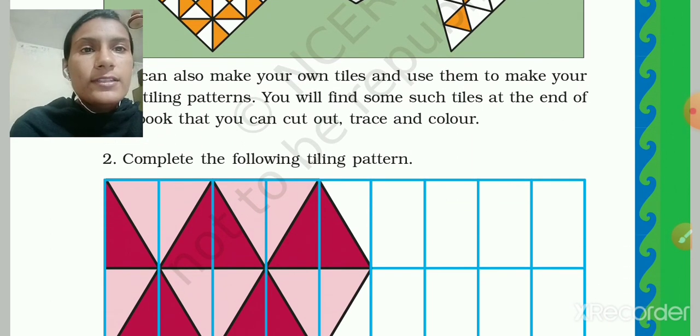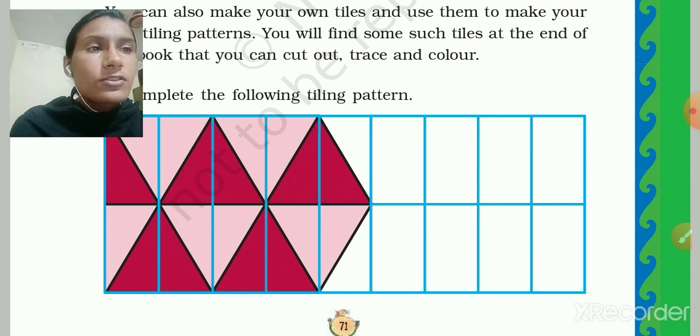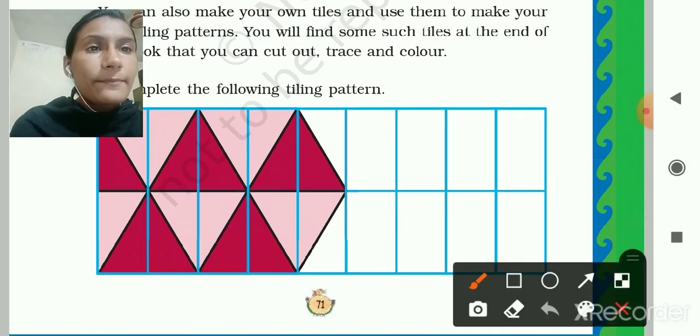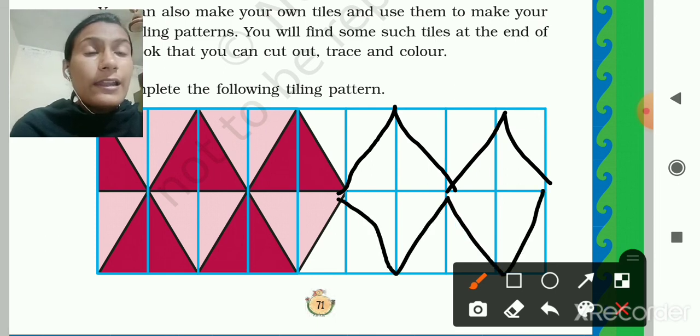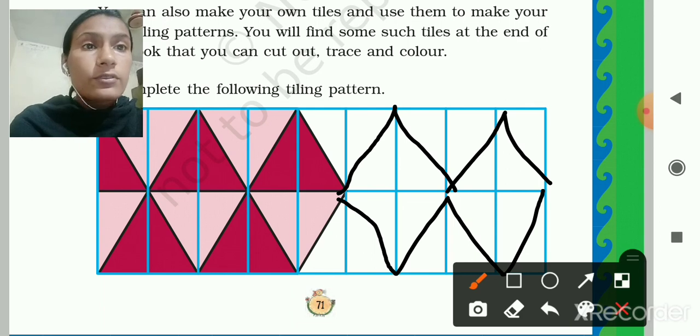The next one is: complete the following tiling patterns. Here you have to complete these tiling patterns. First you have to draw these patterns here, like this, in your textbook. Then you can see this light pink color and dark pink color.